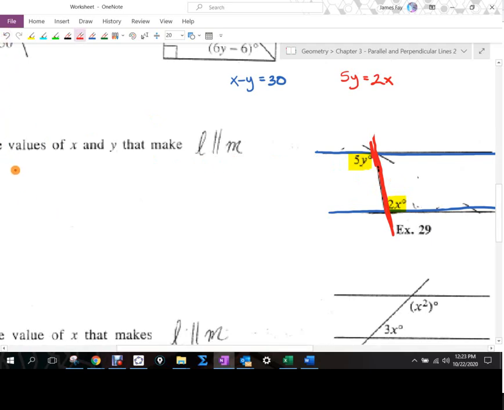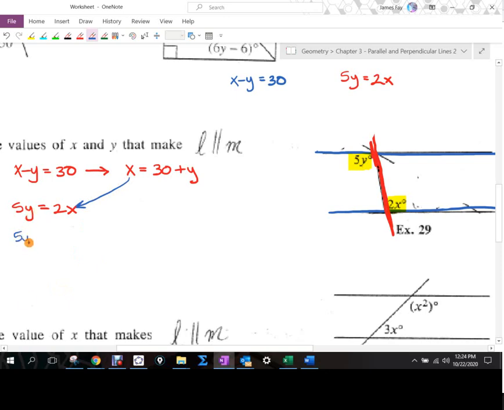If I have x minus y equals 30 and 5y equals 2x, can I take this top one and say that is actually x equals 30 plus y? Is that fair? Yeah. Take the y right here and add it to both sides, and it isolates x. Now that I have that, can I substitute that down here for that x?